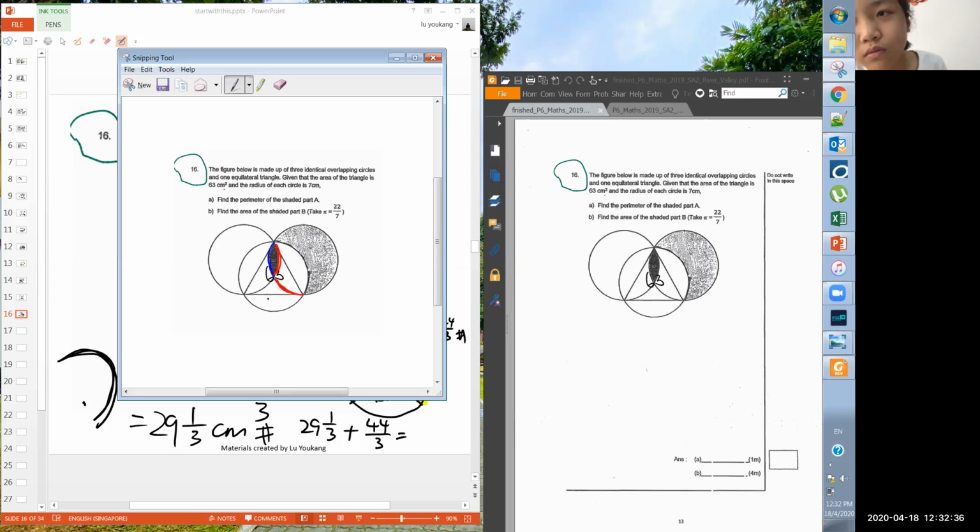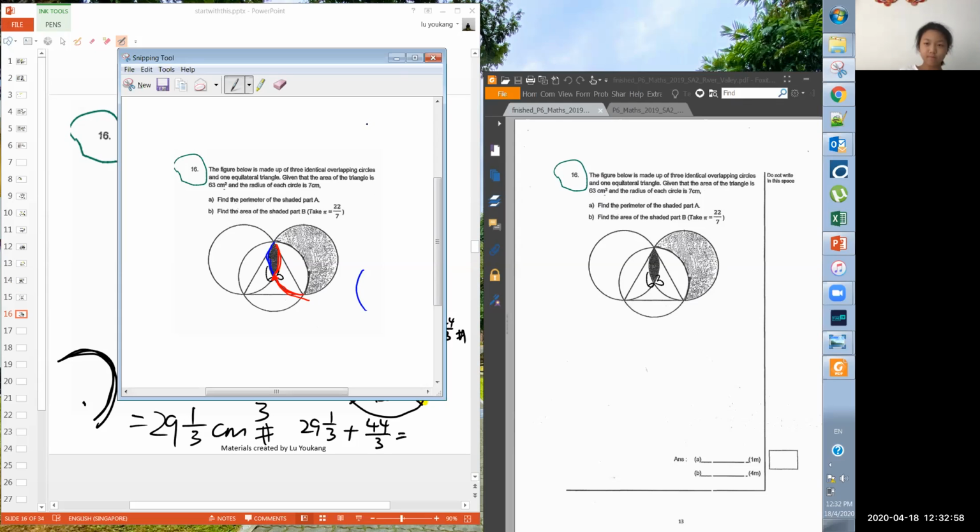No. Yes or no? What I'm saying is, is this the midpoint or not? Yes. Okay, if this is the midpoint, that means this red and the blue, is it equal? Yes.